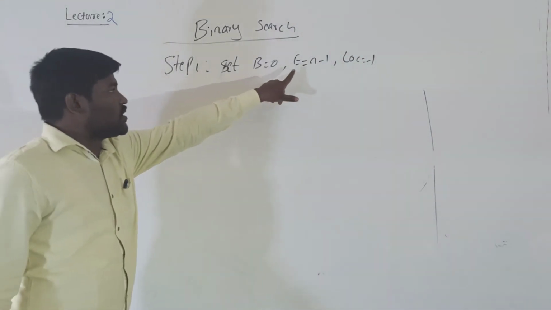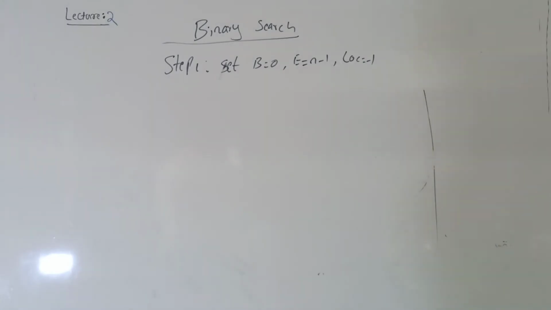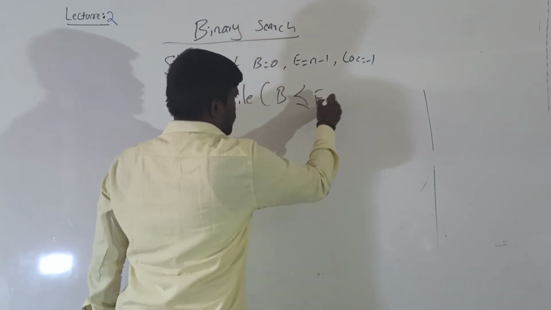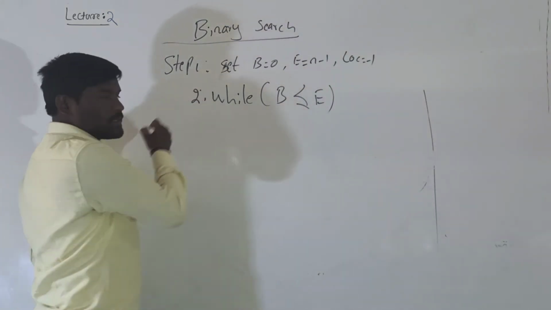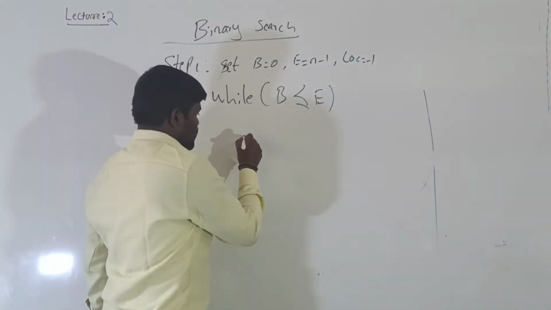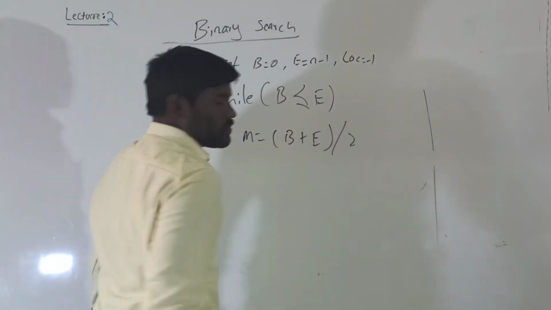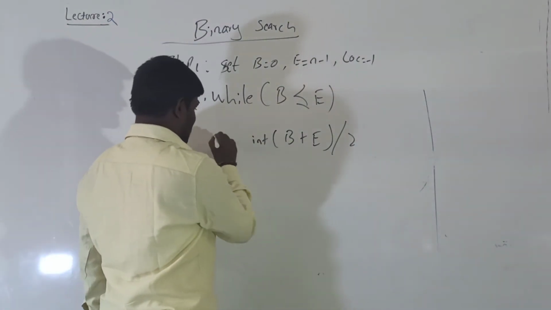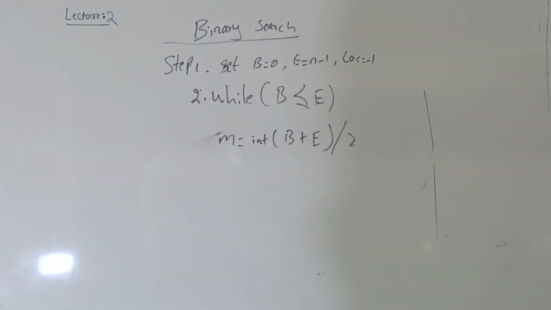Next, while b is less than or equal to e, you compare beginning and end in step 2. If it is true, you can find out mid. Mid is equal to b plus e divided by 2, and it must be an integer value.